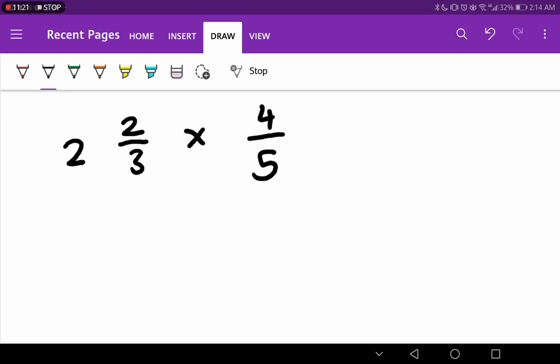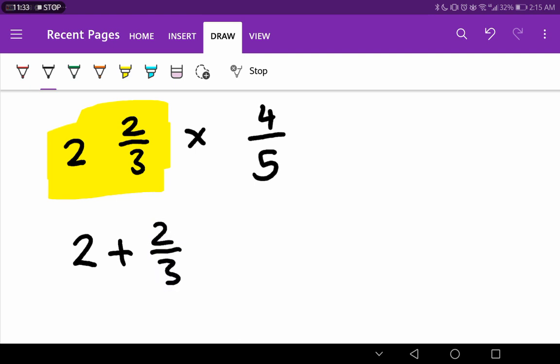There is another way, yes, because this guy is 2 plus 2 over 3. If you read it, it is 2 and 2 over 3, meaning plus.